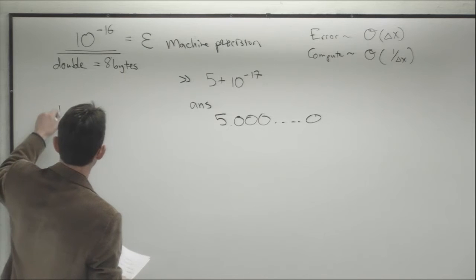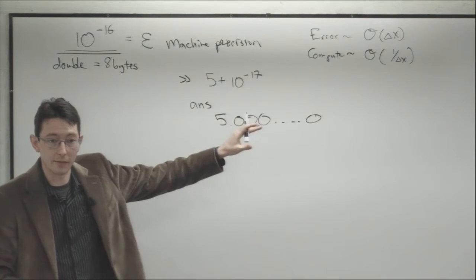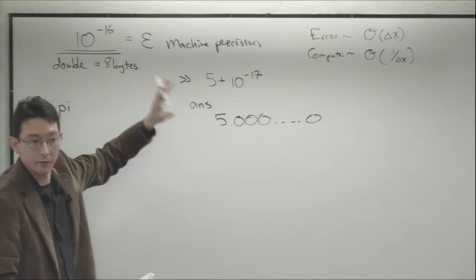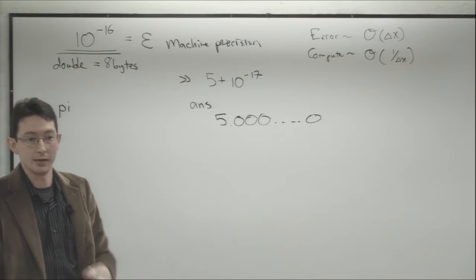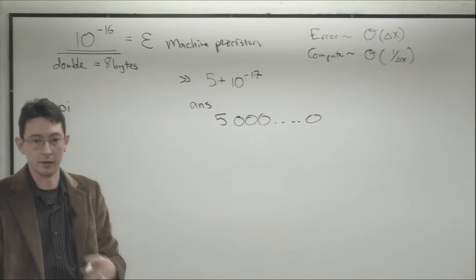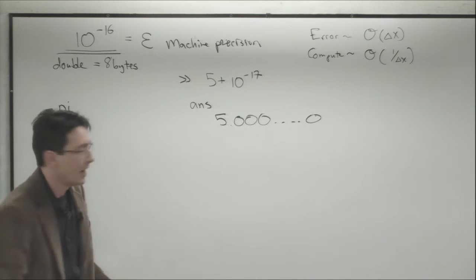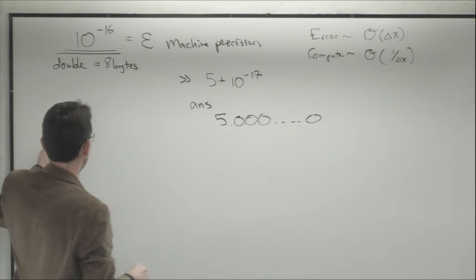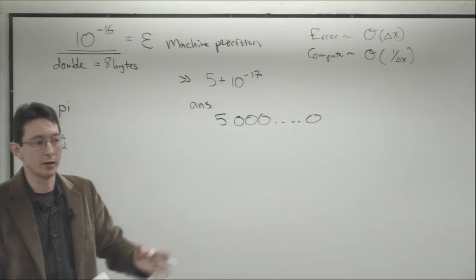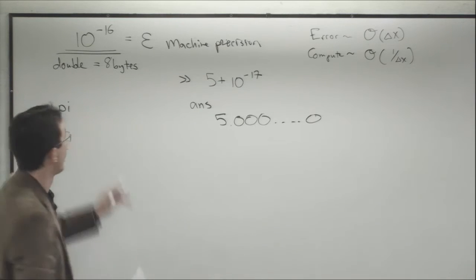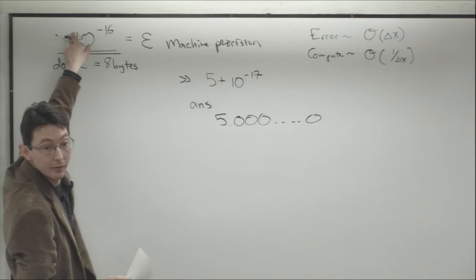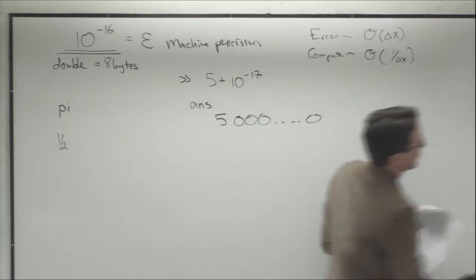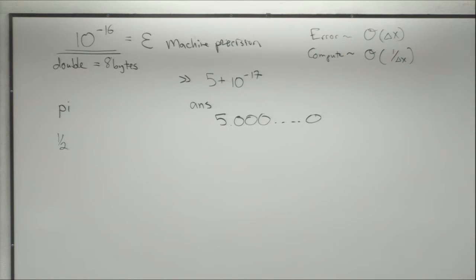When you write pi, it's going to spit out a bunch of digits of pi, but it's not exactly pi. It's about 10 to the minus 16th off from the true value of pi. Same thing when you write down square root of 2 or e or any not nice number. It can exactly represent numbers like integers and 1/2 and things like that, but any weird number like square root of 2 or e or pi is going to have this built-in round-off error because the computer just can't represent it perfectly.